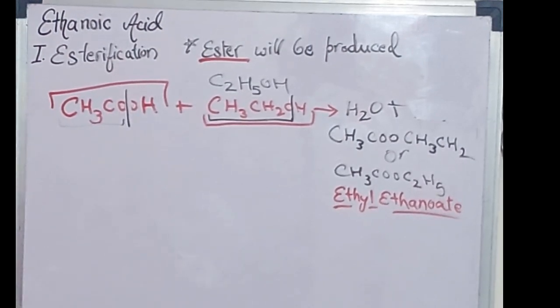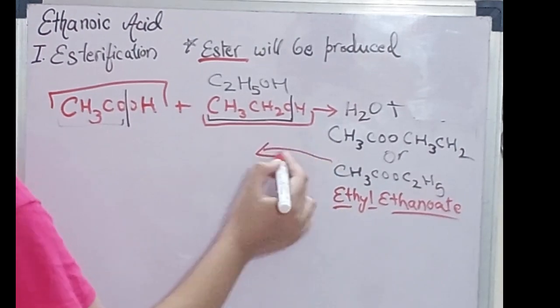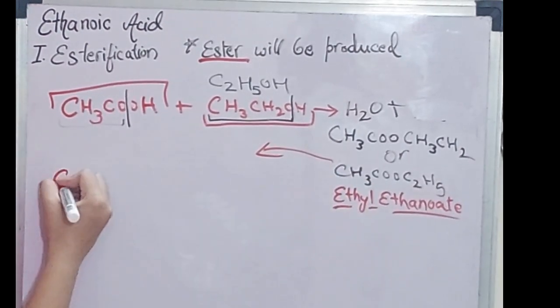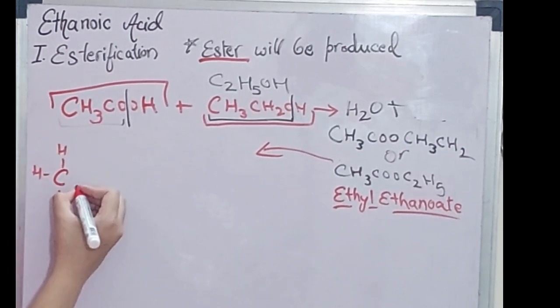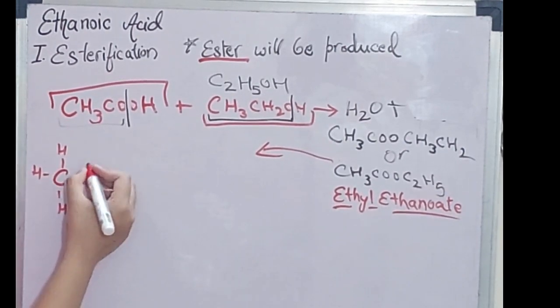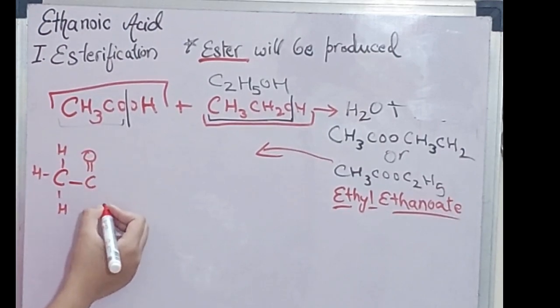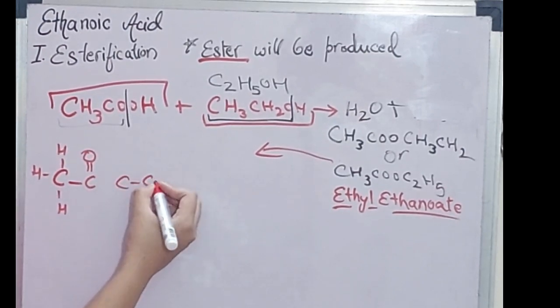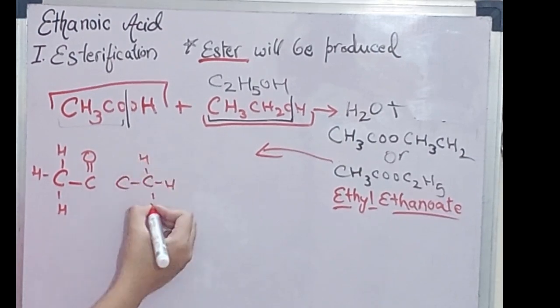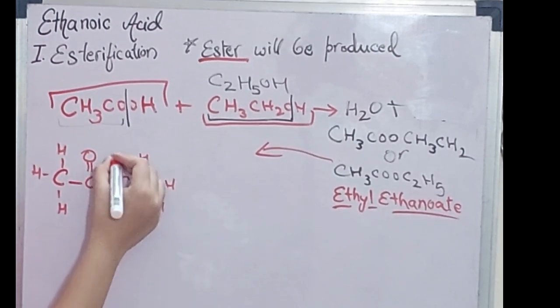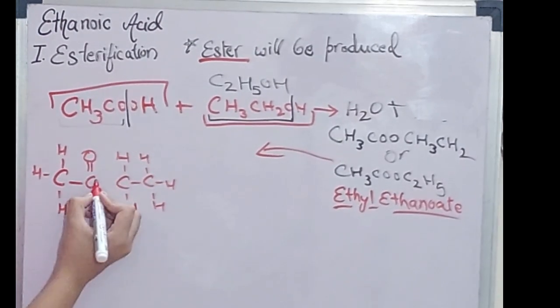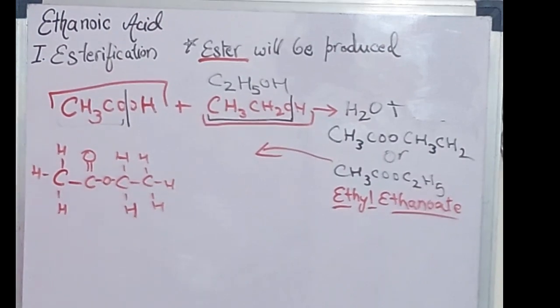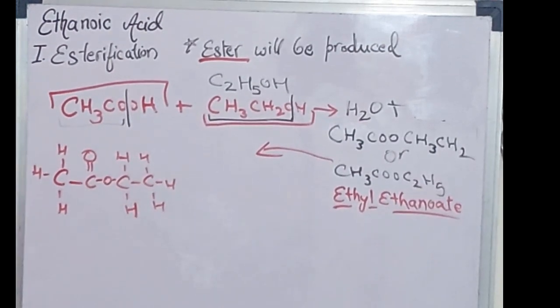Okay? Let us draw this ethyl ethanoate. What is here? First CH3, C double bond O, and C2H5 and O. So in this way, I guess it will be formed.